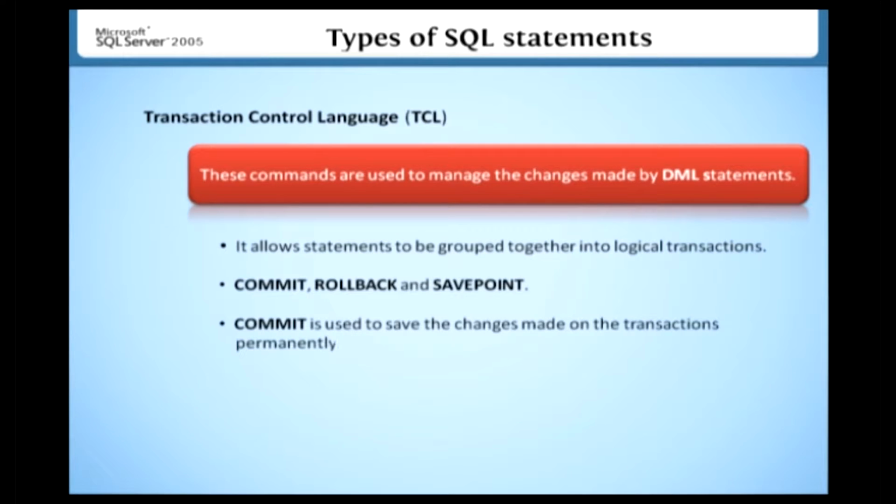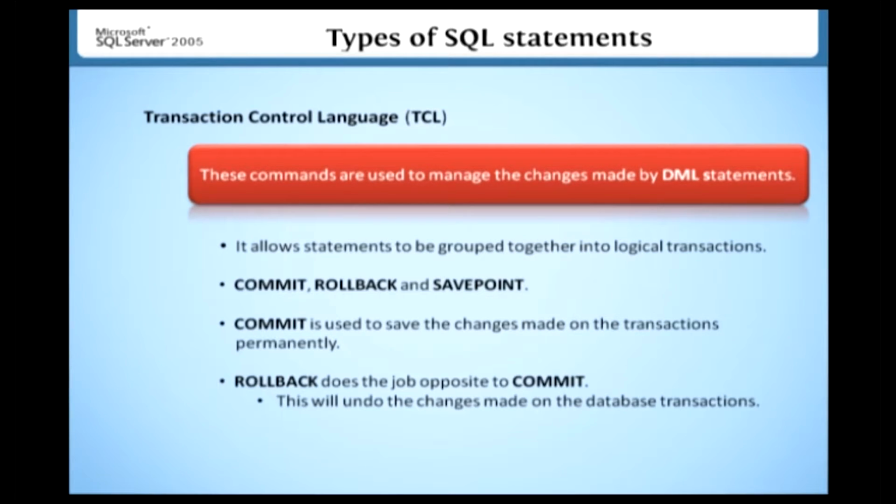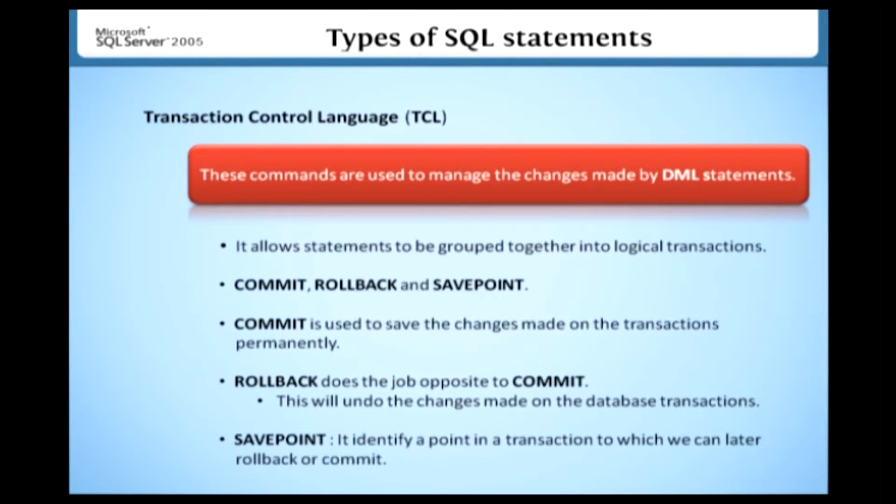Commit is used to save the changes made on the transactions permanently. Rollback does the job opposite commit. This will undo the changes made on the database transactions. Save point. It identifies a point in a transaction to which we can later roll back or commit.